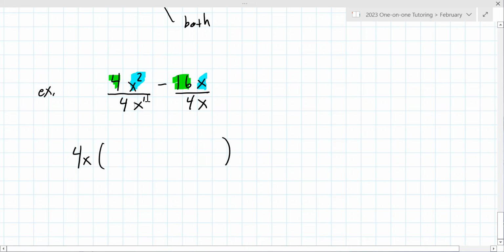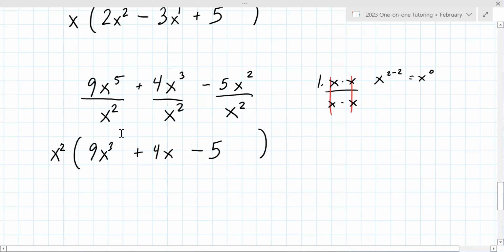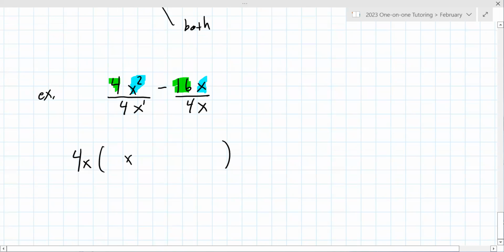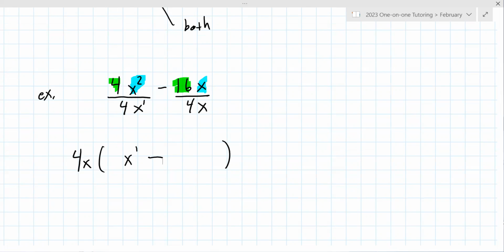Let's go back and look. How did we get a 3 here from 5 and 2? You subtracted. You said 5 minus 2 is 3. 3 minus 2 is 1. Okay, so let's go look at your new problem here. 2 minus 1 is 1, so this is x to the power of 1. Is that okay or not? It's fine.